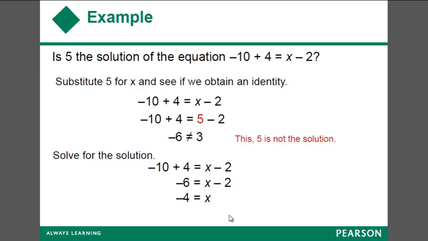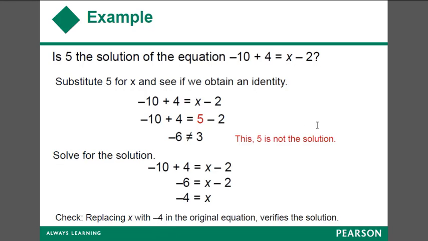So I'm left with negative 4 is equal to x. Remember, I can always check my answer by substituting negative 4 in place of x and seeing if the left side equals the right side. In this case it does. You always want to check your solutions to see if you do have the correct answer.